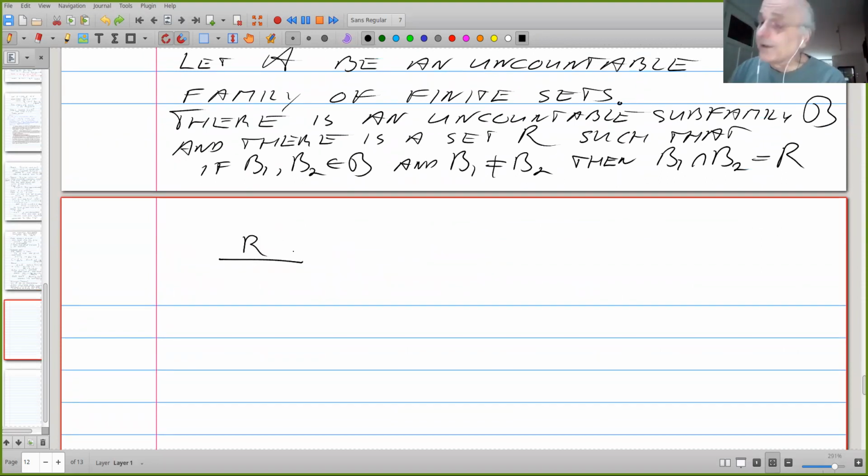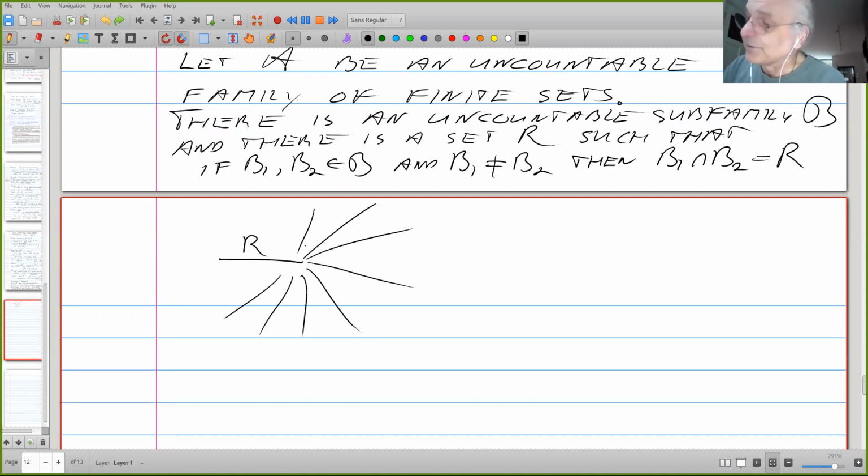Here is the set R, and all the other sets in the family B look like this. Maybe I should erase the set R a little bit and give it a different color. All the sets in B have R in them and a little bit more, but all those little bits more are pairwise disjoint.